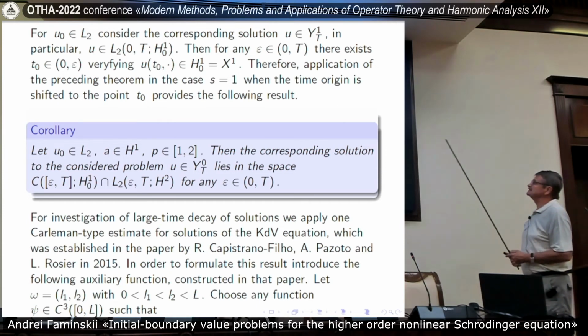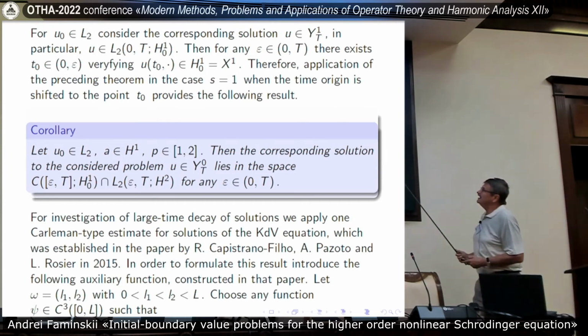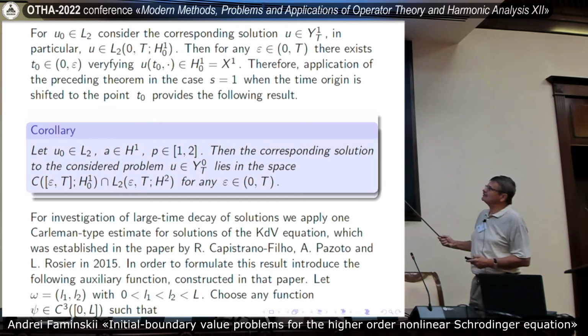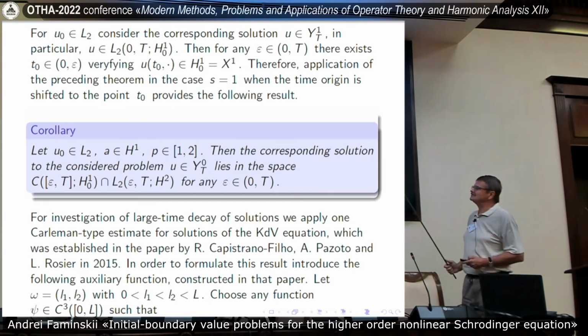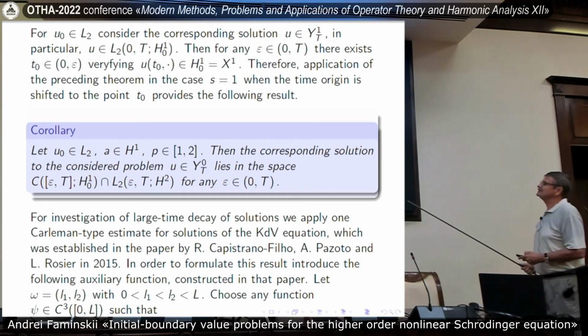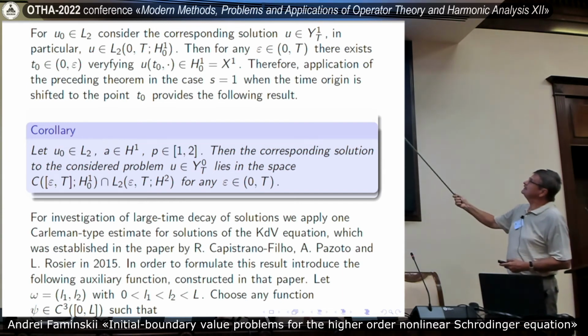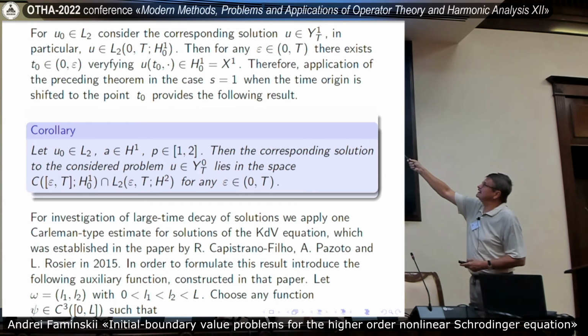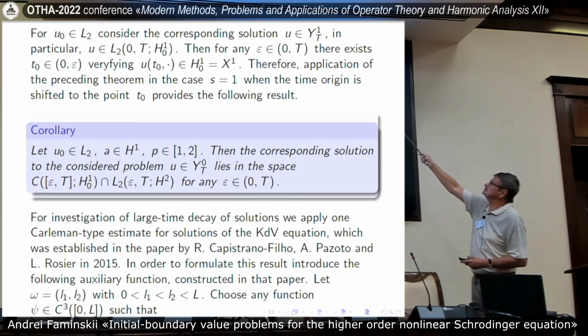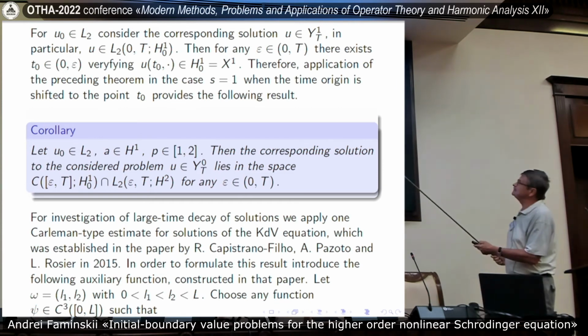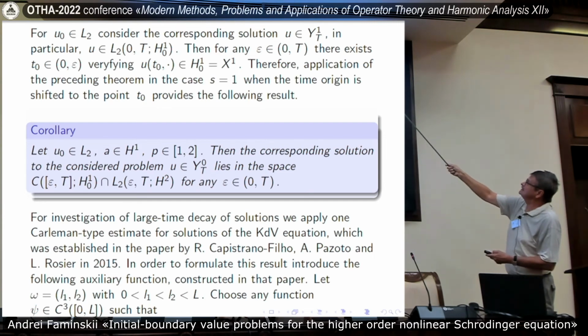What is interesting to note is that we have, as a corollary, the following result on internal regularity. If U0 is from L2, then we can consider the corresponding solution from this space. What is this space? Y capital 1, T capital.